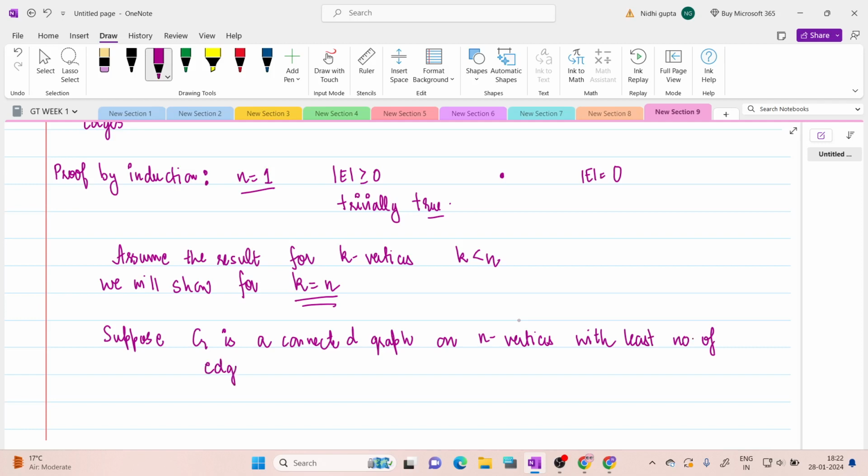Basically, we are looking at all the connected graphs on n vertices, and we are picking the graph which has the least number of edges. If we can show the result for this, then we have shown it for all the graphs on n vertices, right? We need to show the number of edges in G is greater than or equal to n minus 1.